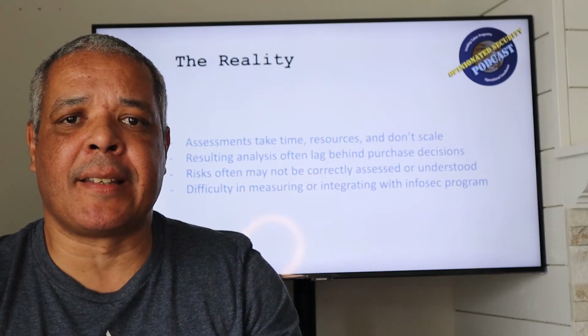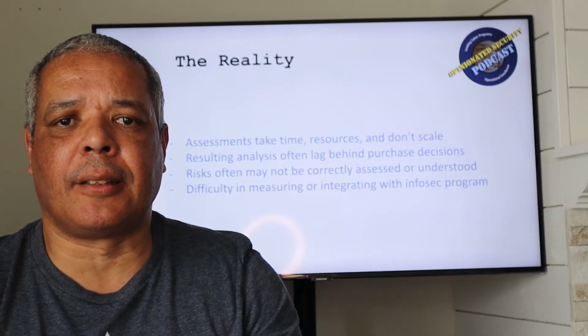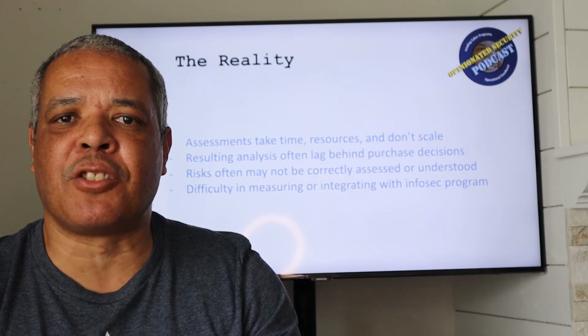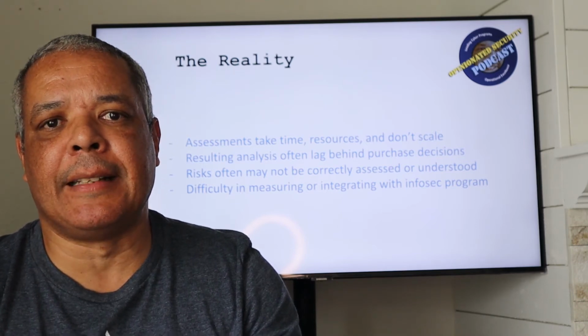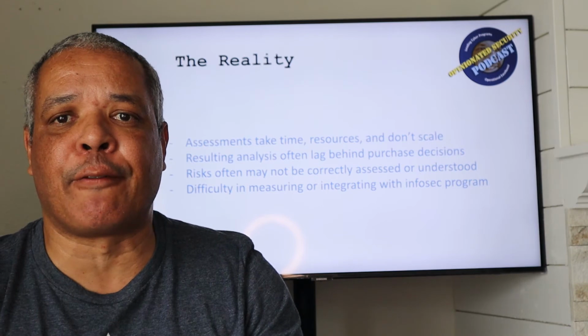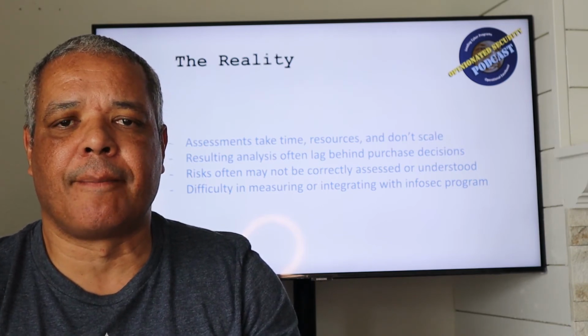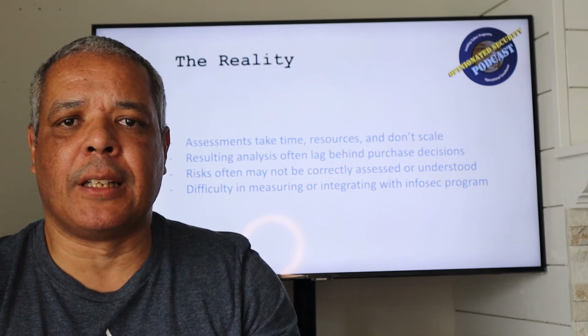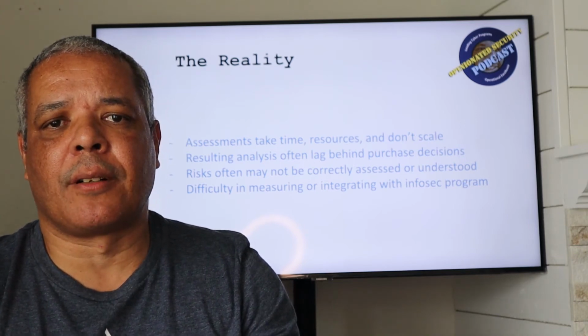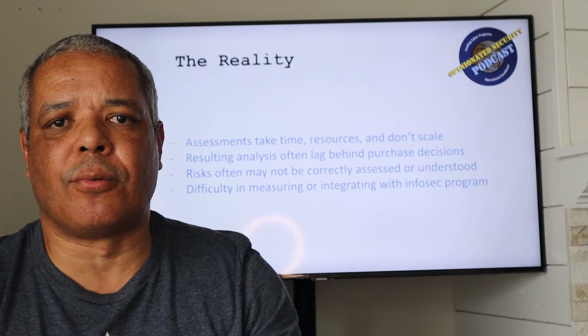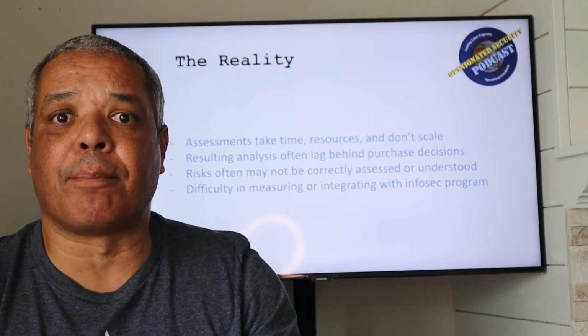In many cases, each assessment is unique and really needs time for care and feeding in order to get to a place where we can understand the risks.